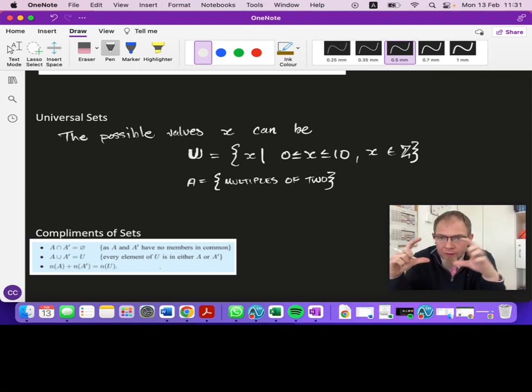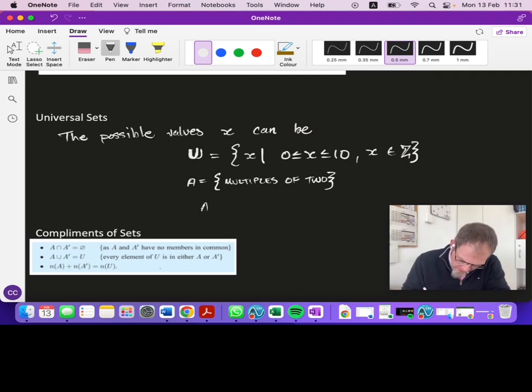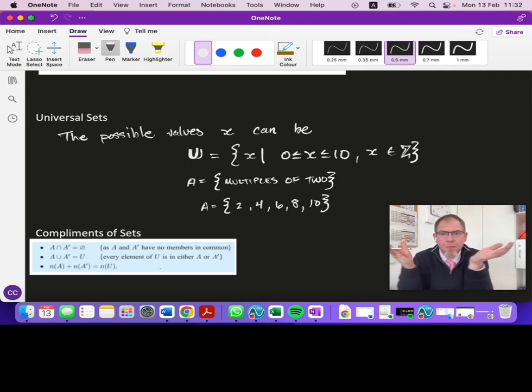But when I'm only locked into the frame of the integers between 0 and 10, that limits my scope. So the only A values I can consider are going to be 2, 4, 6, 8, and 10. And I have to stop there because that's where my universal set ends. So the universal set kind of bounds me.